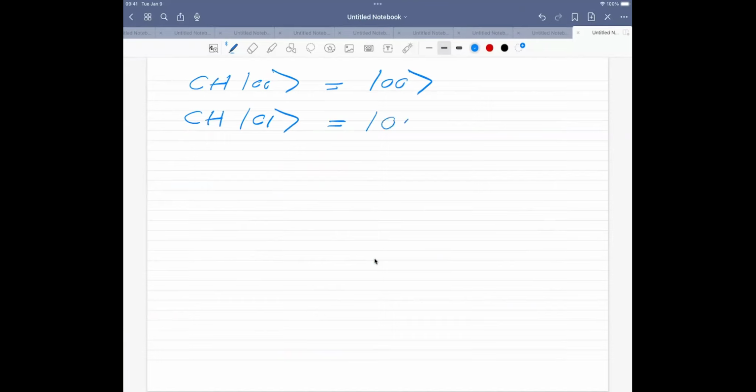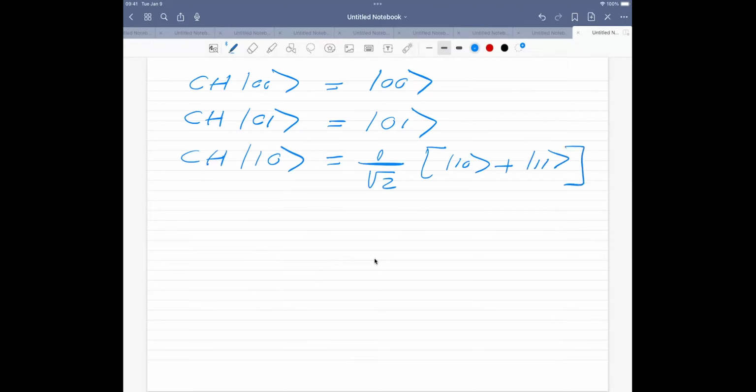This also gives back 0, 1. But then, if my first qubit is in state 1, this is going to give me an entangled state. So this is one way I can make entanglements. That is going to give me the state 1, 0 plus 1, 1.